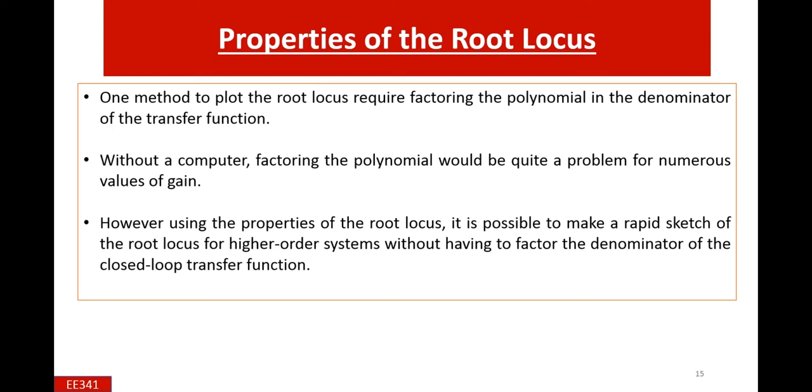So what is the quick way to find the path of the closed loop poles? Root-Locus is the quick way to understand the path of the closed loop poles. It starts from the open loop poles and ends at the open loop zeros, and this is the path of the closed loop poles.